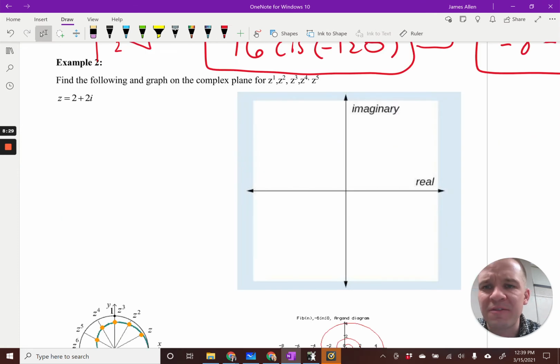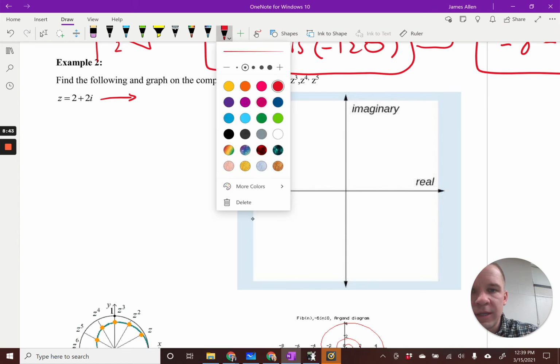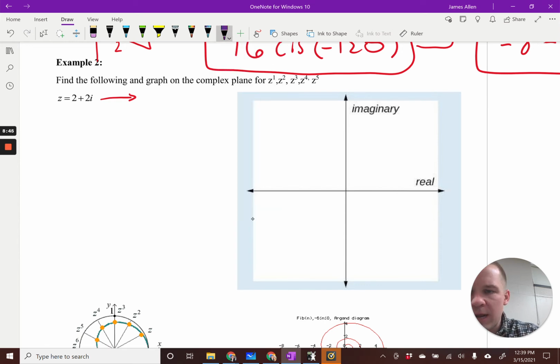All right, so we want to find the following and graph on the complex plane: z to the first, z to the second, and so on. We've got z to the first. Since we're going to be raising these to powers, we're going to want to convert to polar. So let's do that. If I were to draw this out, it'd be 2 and 2, which would be 2 root 2, because this is a 45-45-90 triangle, which answers another question: 45, right?